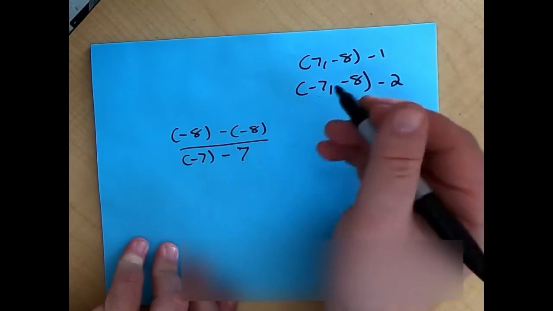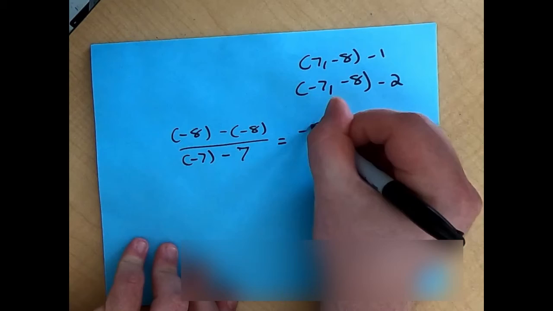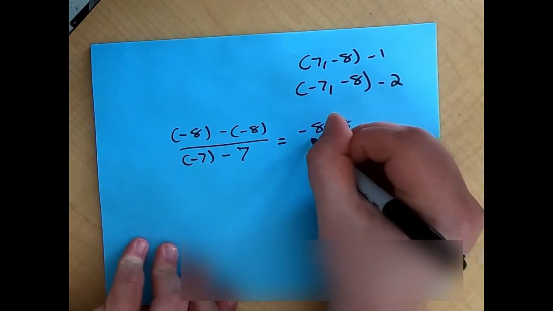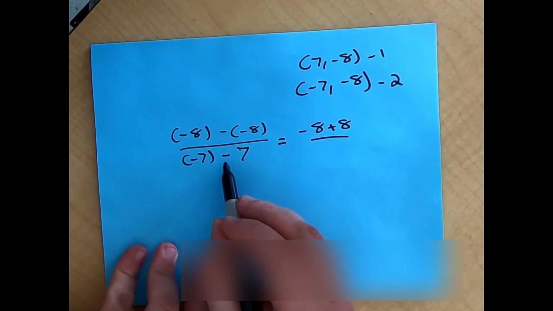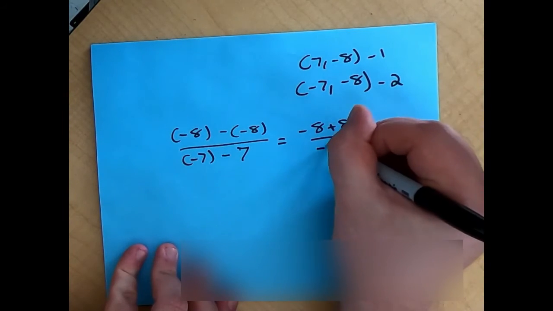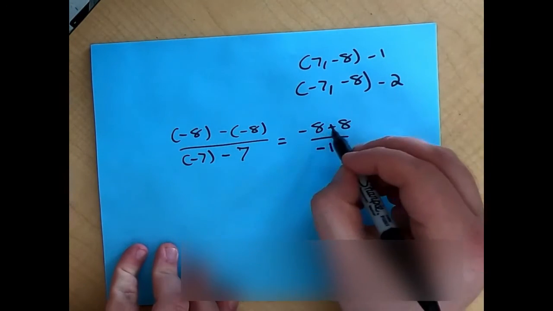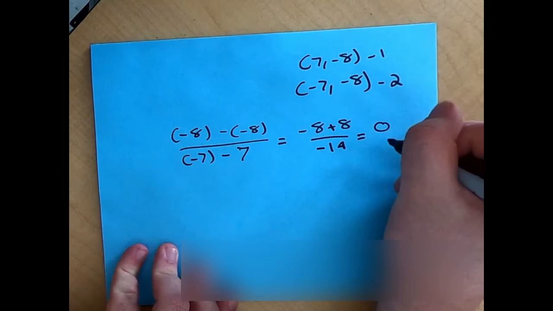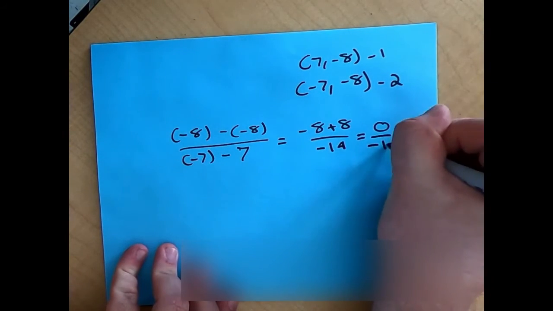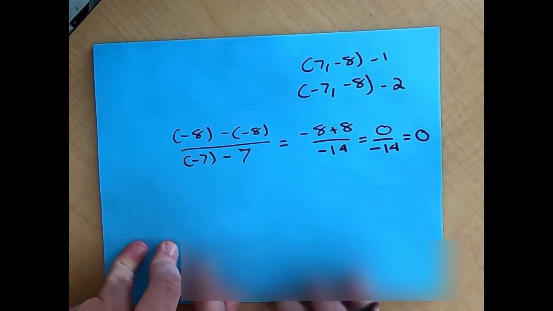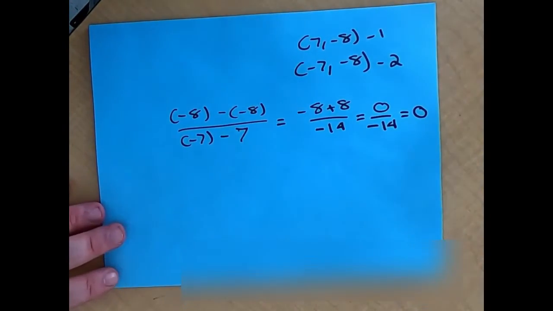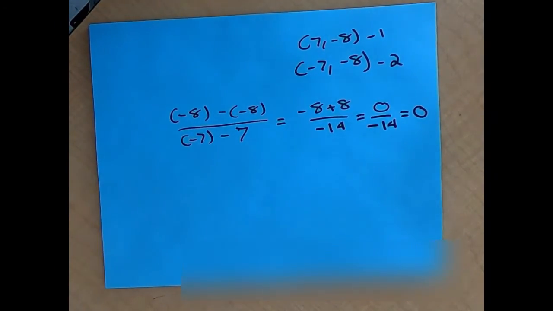So distribute this negative, we get negative 8 plus 8 over negative 7 minus 7, which is negative 14. Negative 8 plus 8 equals 0 over negative 14. This means we have a slope of 0, right? So we actually don't need to go any further than this.